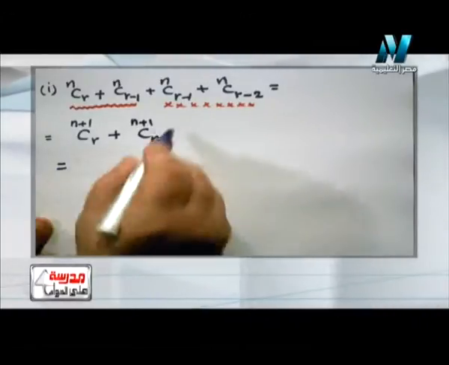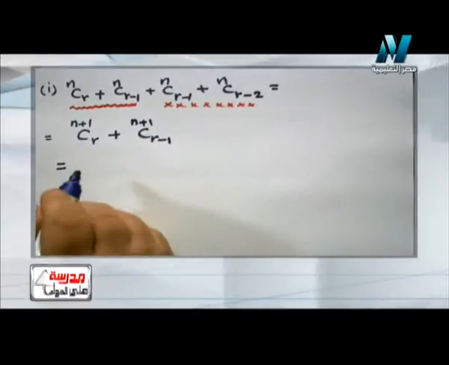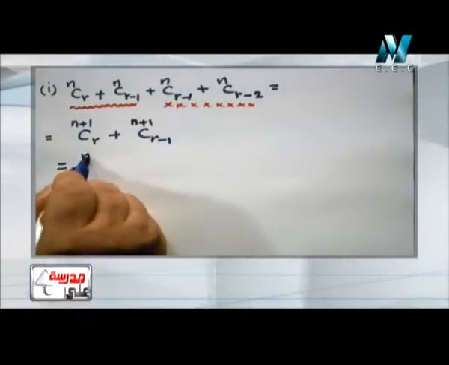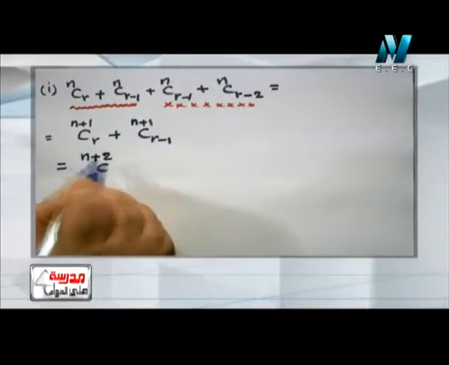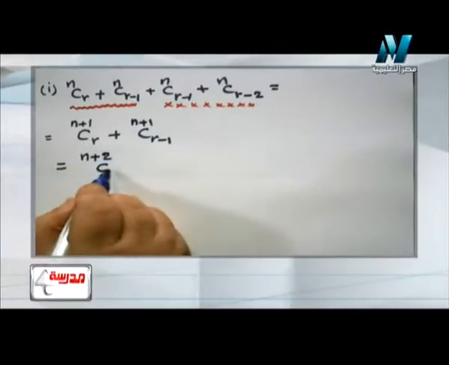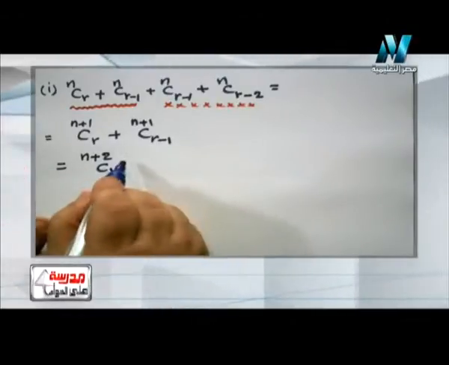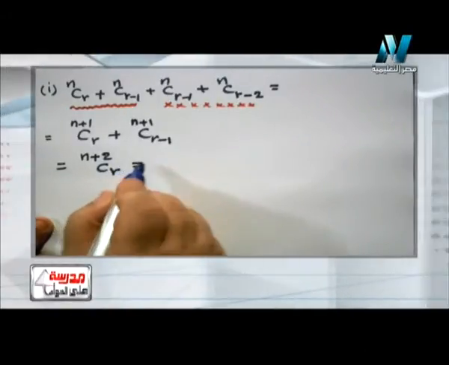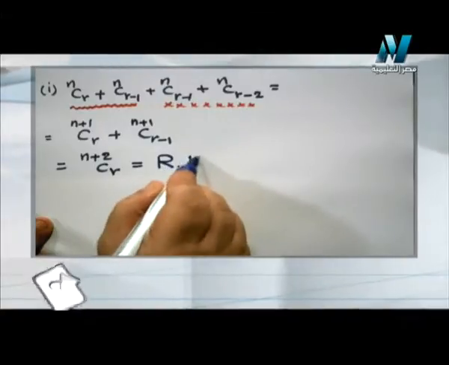Also N plus 1 CR and N plus 1 CR minus 1, we use the rule again, then N increased by 1, then N plus 2 C R, the greatest number between them being R, then N plus 2 CR, which is the right hand side.